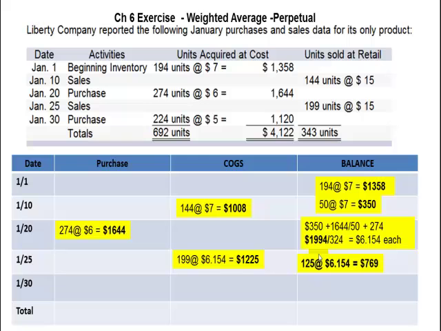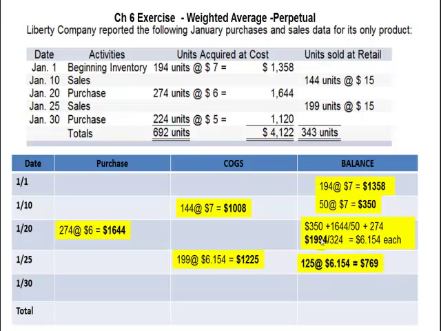Our balance will be, let's see, we had 324 units, and we sold 199 of them, so it means we have 125 left, and their weighted average cost per unit is $6.154 a piece, or a total of $769.